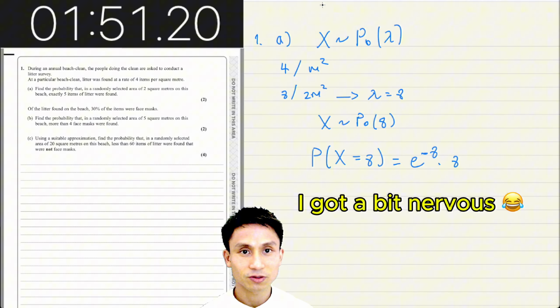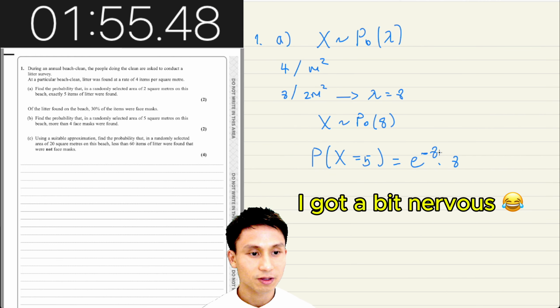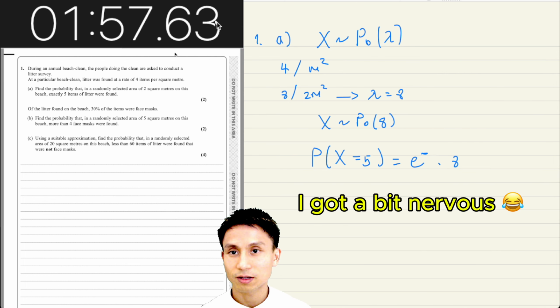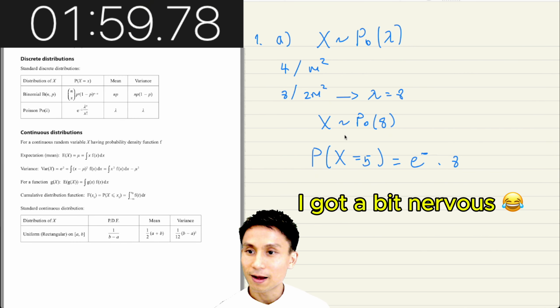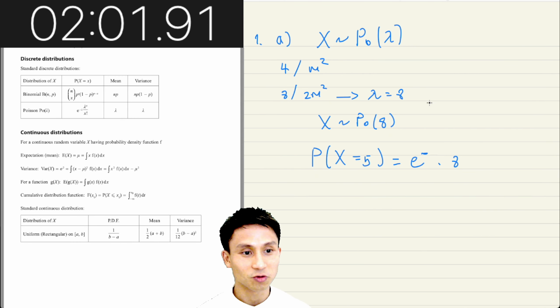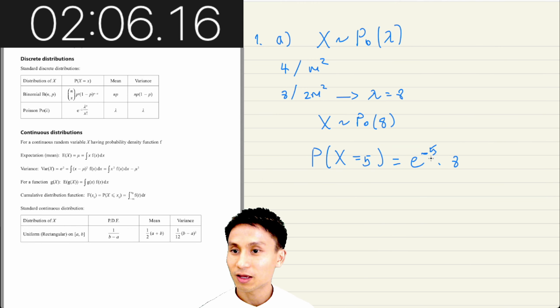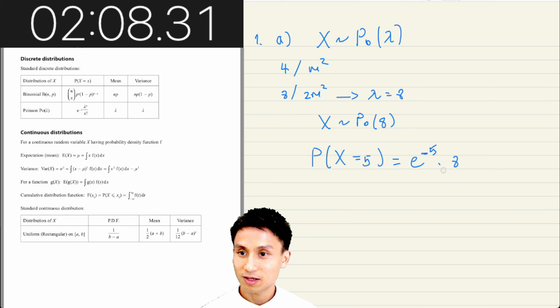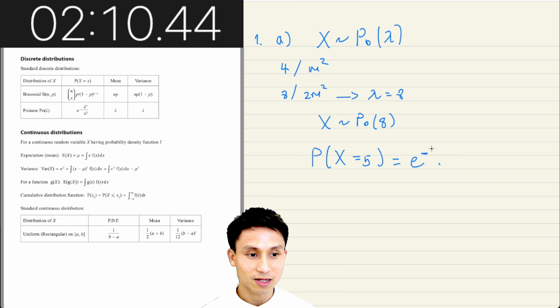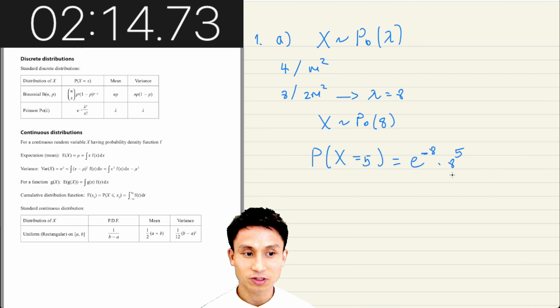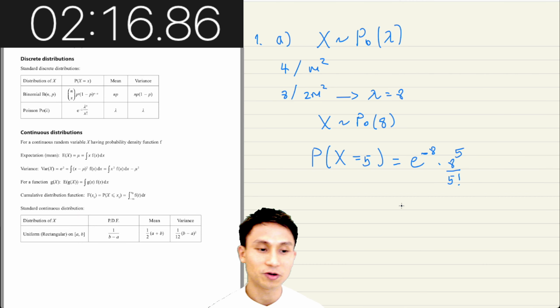Let me look at the formula again. Okay, so this is 5, to the x, because I don't remember this formula actually. So hang on, to the 5, yeah. And then e to the minus 8, and then lambda, which is 8, to the 5, which is x, over 5 factorial.